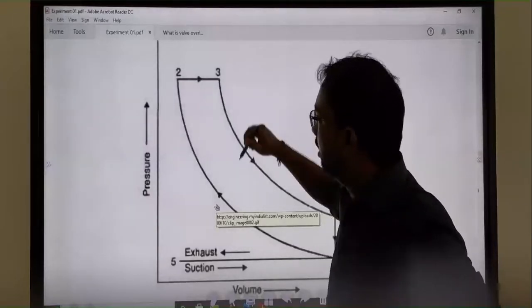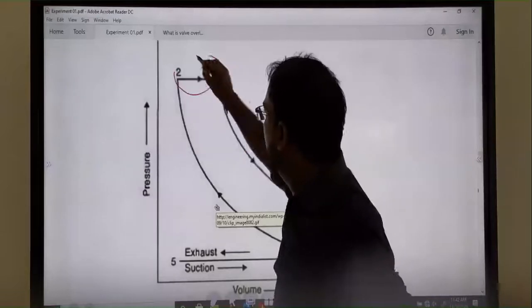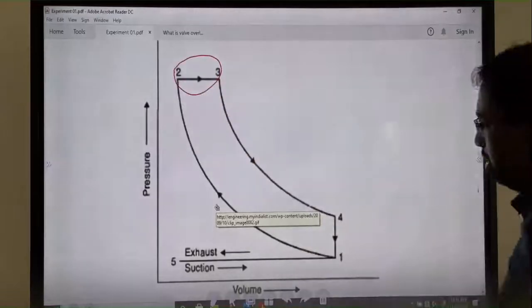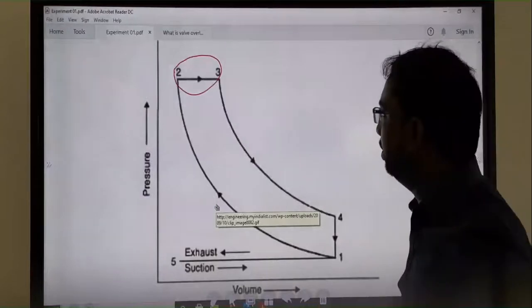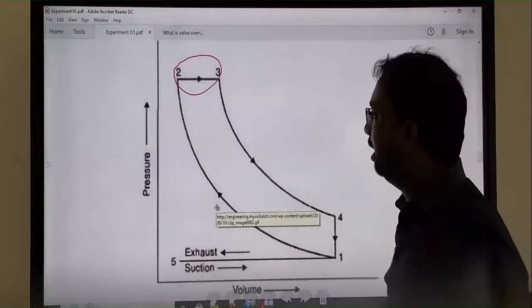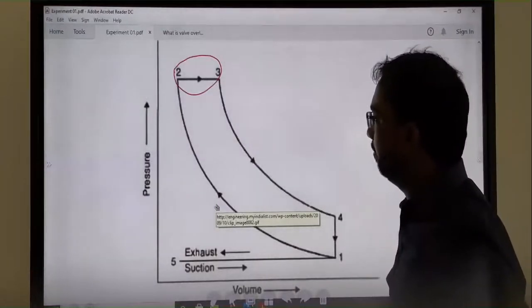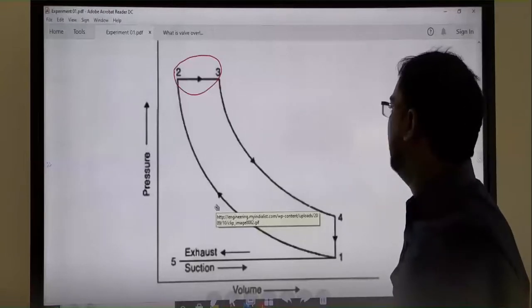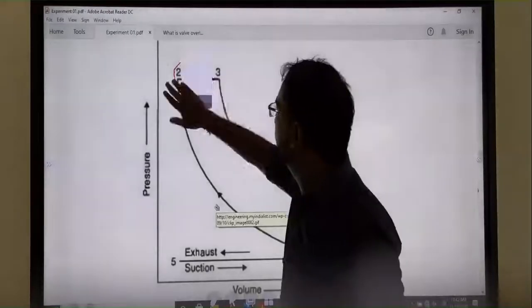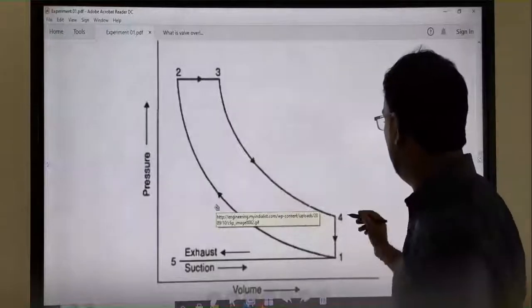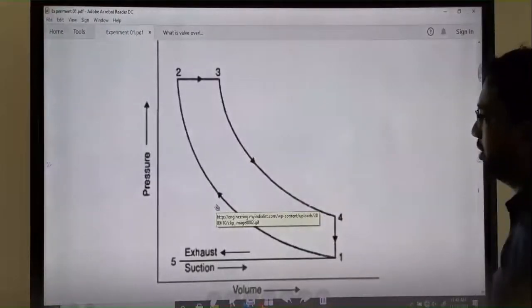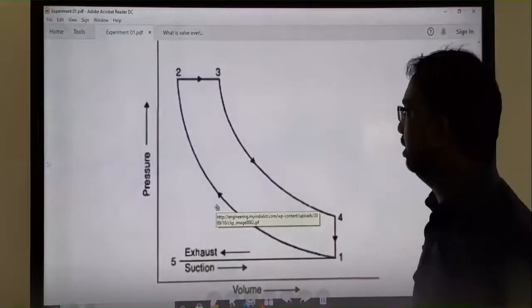And here there is an injection process. At that time the volume rapidly increases, but there is no change in the pressure. Then from 3 to 4 there is a power stroke. It is also the same as the petrol engine.